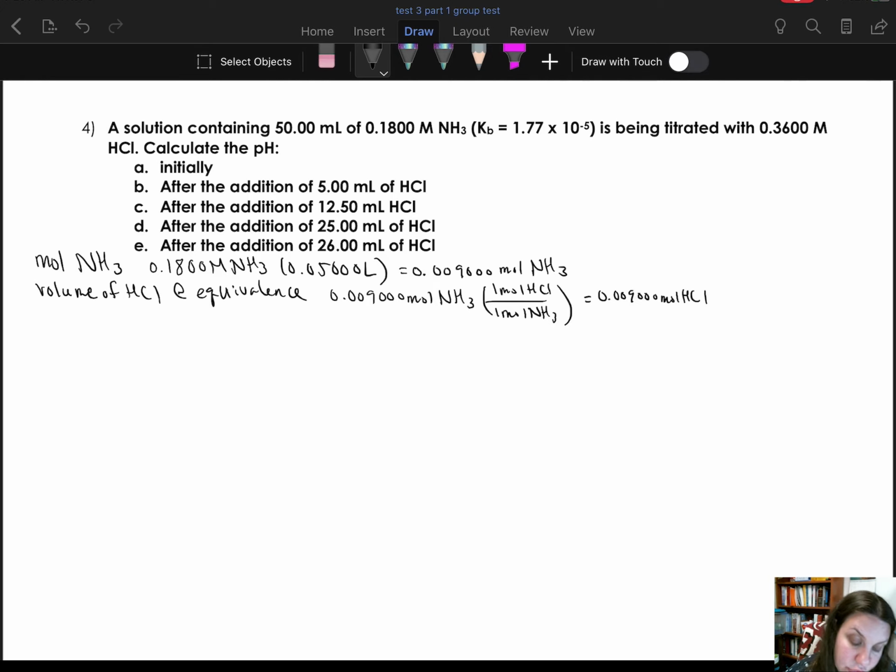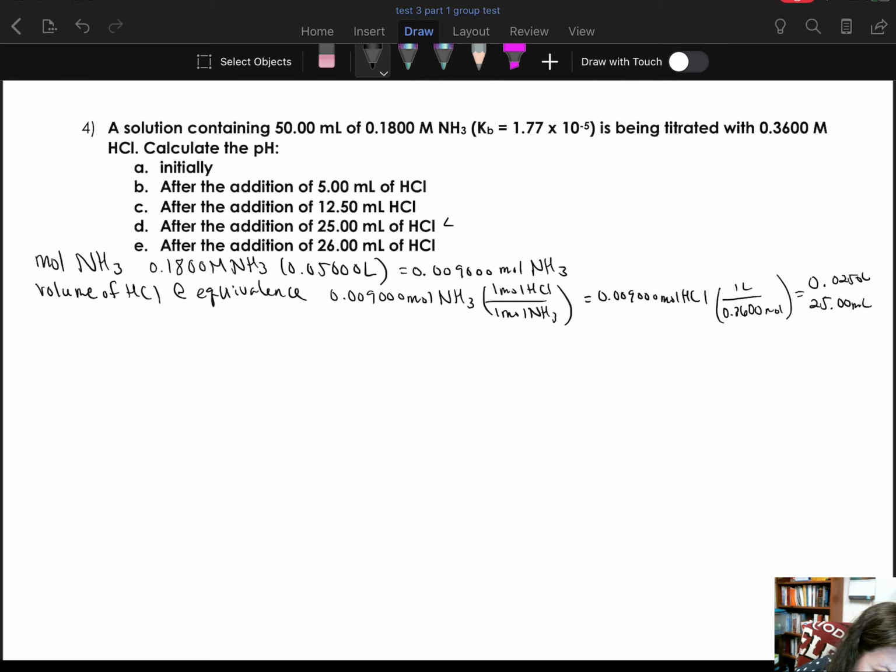And dividing by our concentration, 0.3600 molar, we get our volume of 0.025 liters, or 25.00 milliliters.